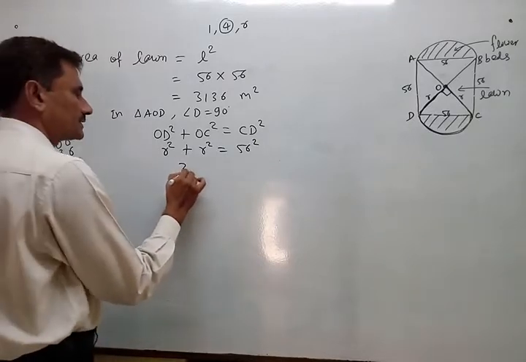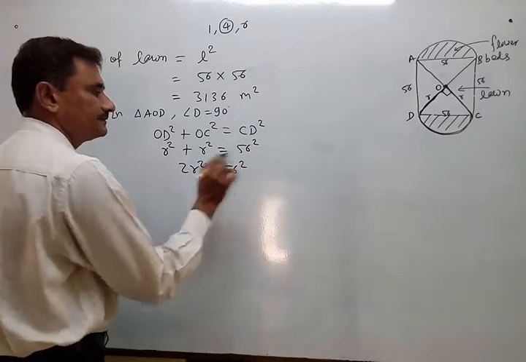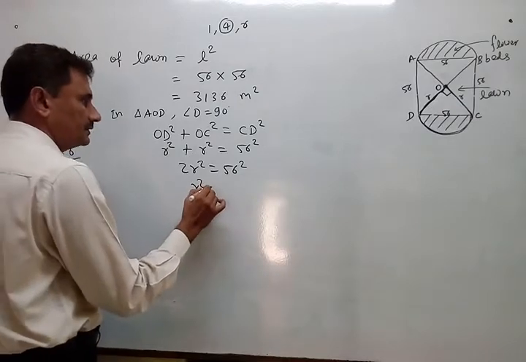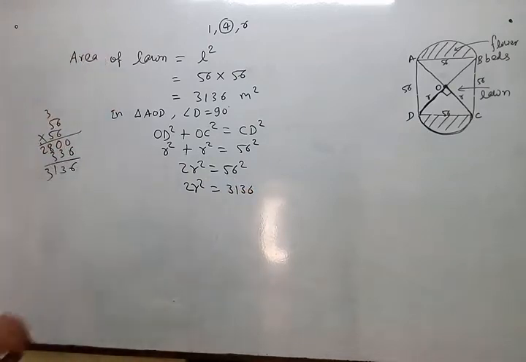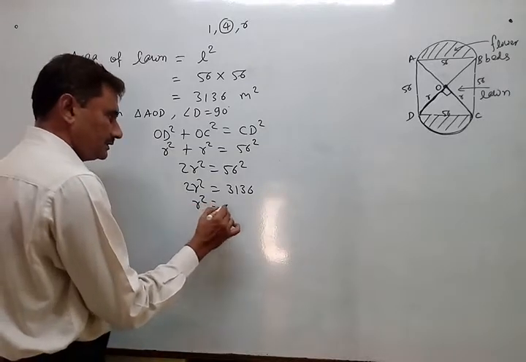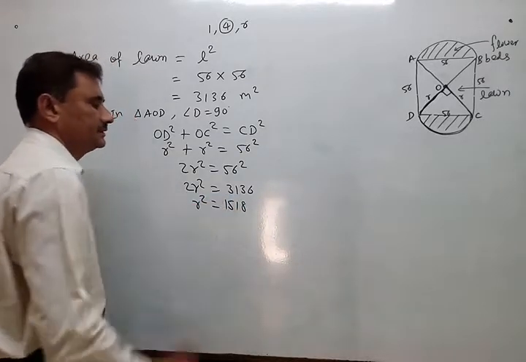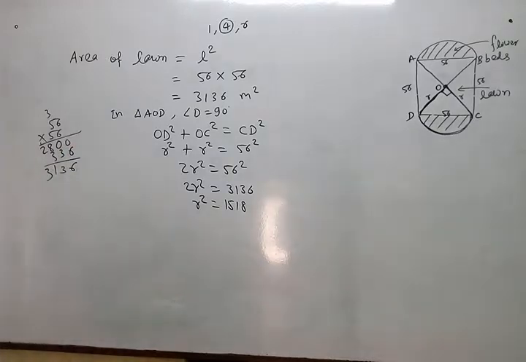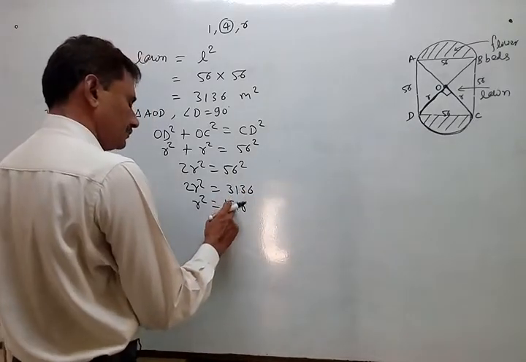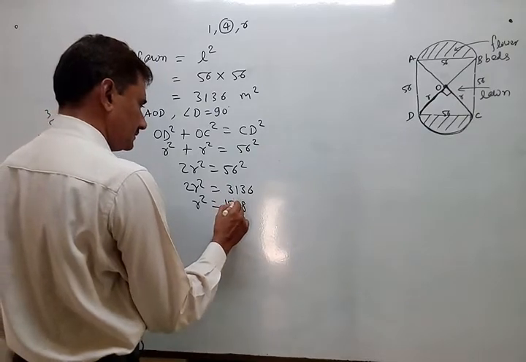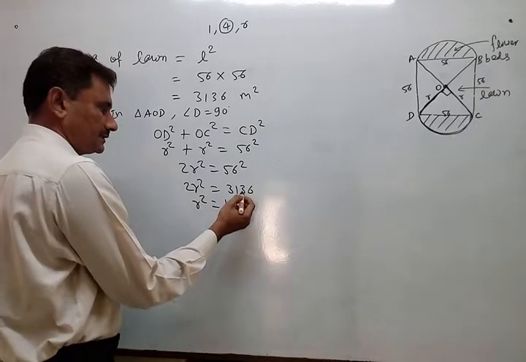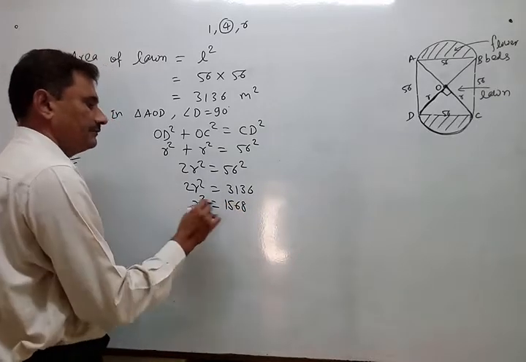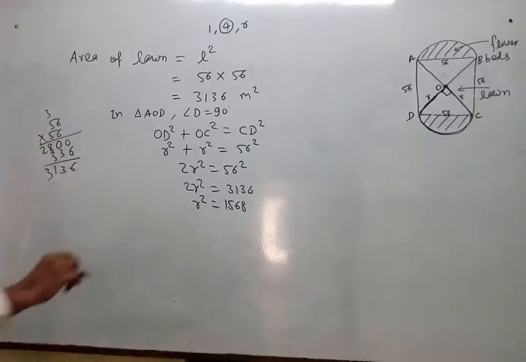So 2R square equals 56 square. We already found it, 56 square is 3136. Now half of it, so R square is 1568. 2 ones are 2, 2 fives are 10, 2 sixes are 12, so 1568.